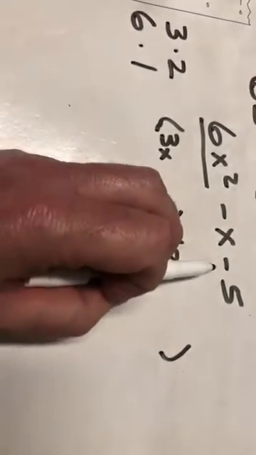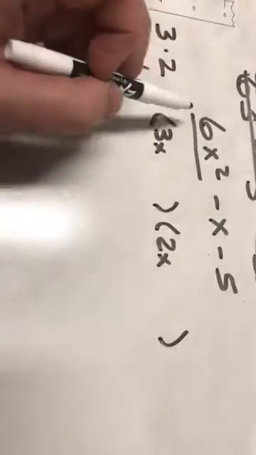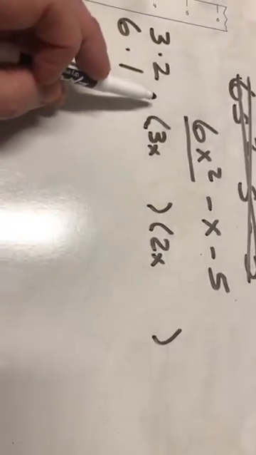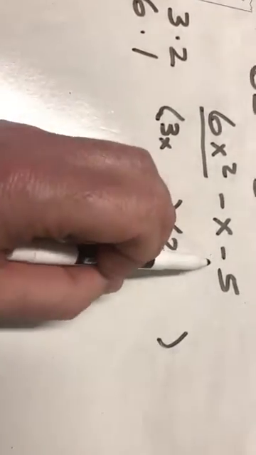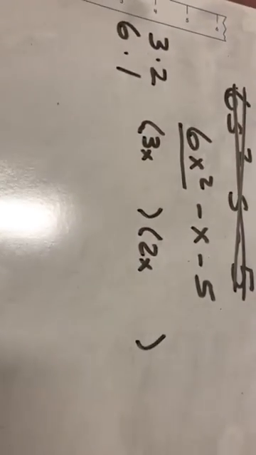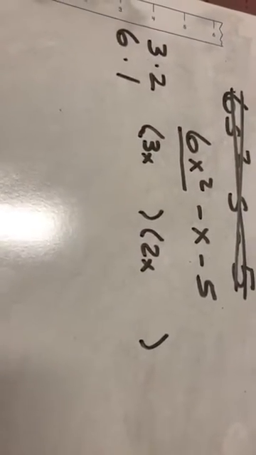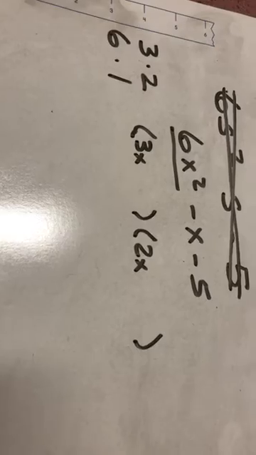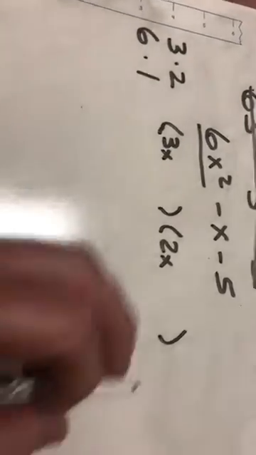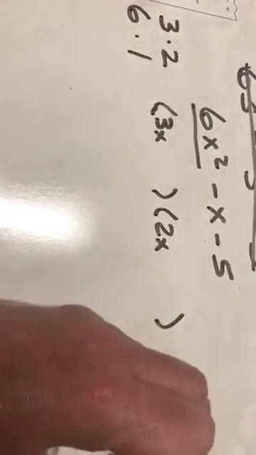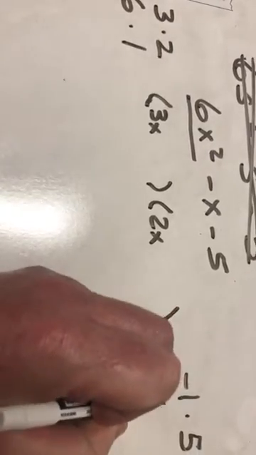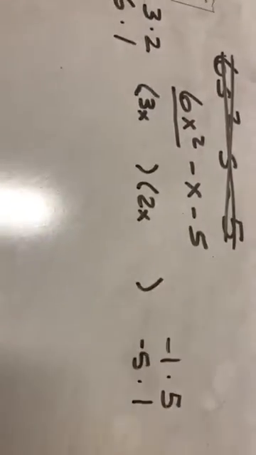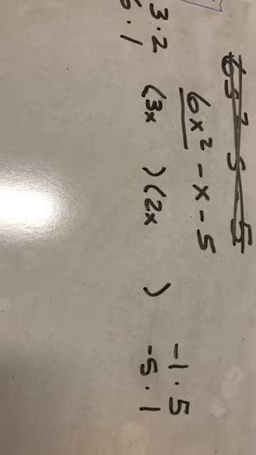I don't have to worry about switching this sign like I did in the first two because there's no negative outside here. So I'm back to thinking this now has to be a negative 5. Well, the only two numbers that multiplied together to equal 5 are 1 and 5. So I'm either looking at negative 1 times 5 or negative 5 times 1. I'm looking at one of those two options.